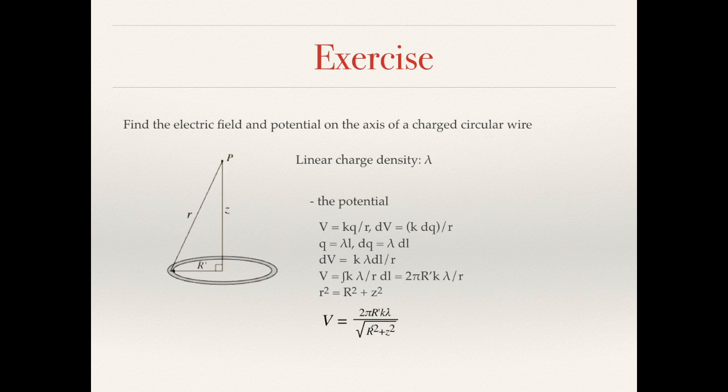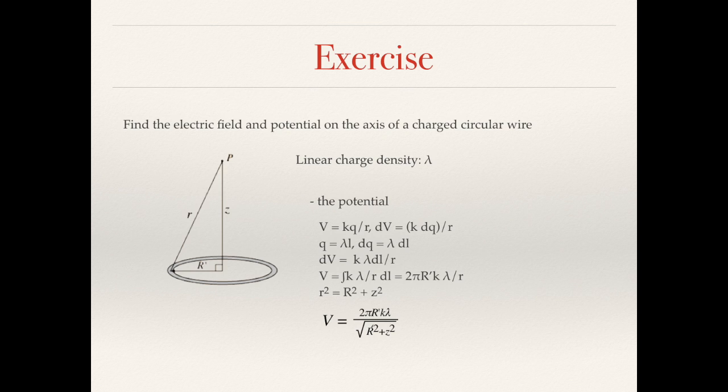So now we again integrate this dV to get the overall voltage or the potential. And again, since the k, lambda, and r are all constants, we could put them outside of the integral sign, and we finally got 2 pi R prime, which is the circumference of that wire, times k lambda over r.